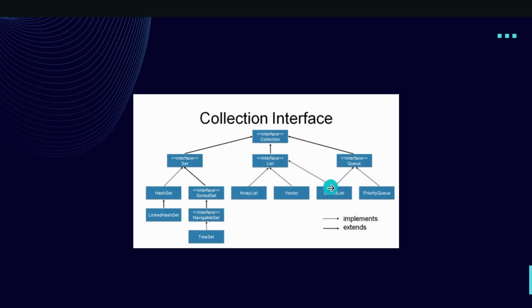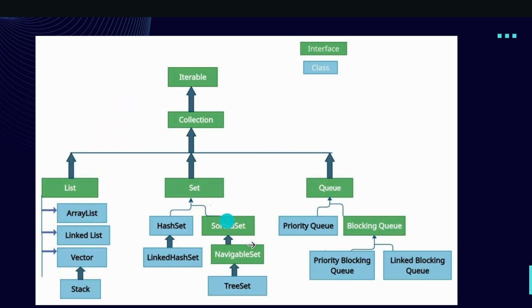We are now understanding this linked list, or you can see it simply with the help of this diagram as well. In this diagram, the green color represents the interface and the blue color represents the class. Here you can see LinkedList, ArrayList, Vector, Stack; these are the basic data structures in DSA. All of these come under the interface List.